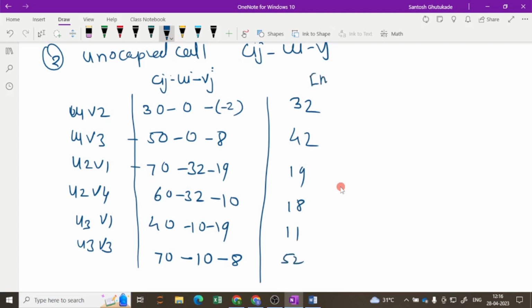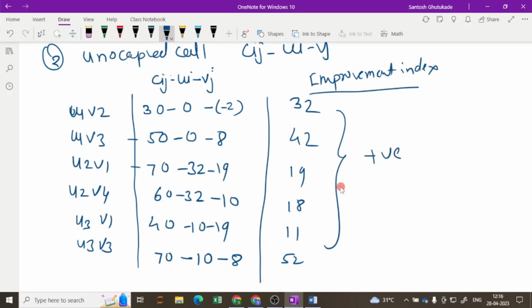So this column is nothing but the improvement index, and we know that if all the values in the improvement index are positive, then the answer is optimum. Then the previous IBFS, initial basic feasible solution, is optimum.